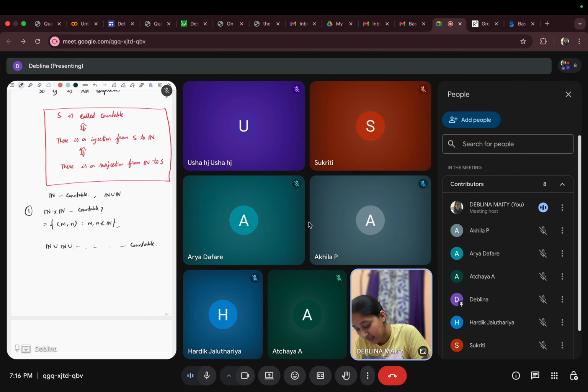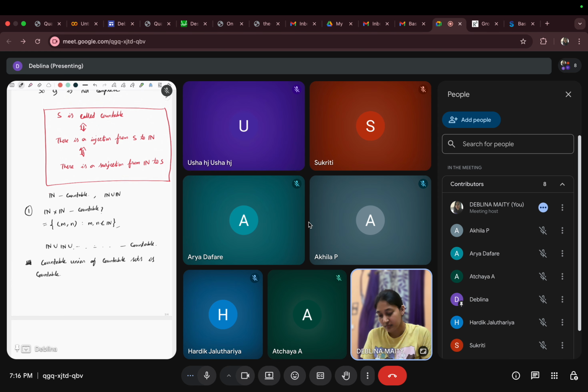So let's prove that. What we will prove is that a countable union of countable sets is countable.